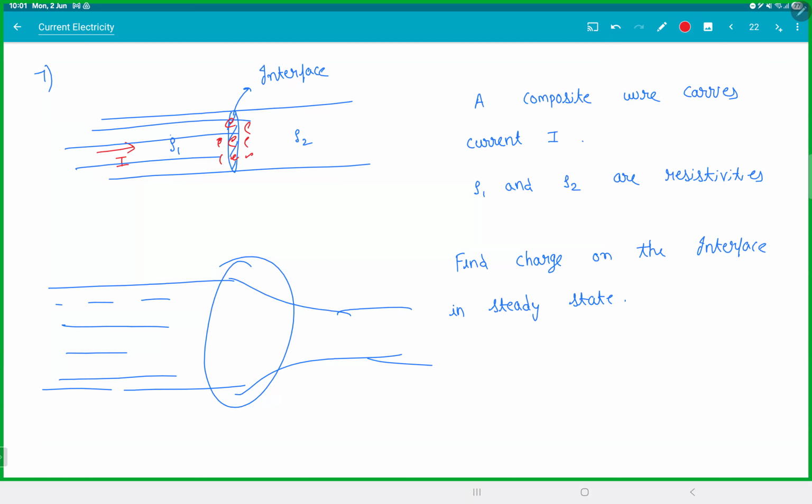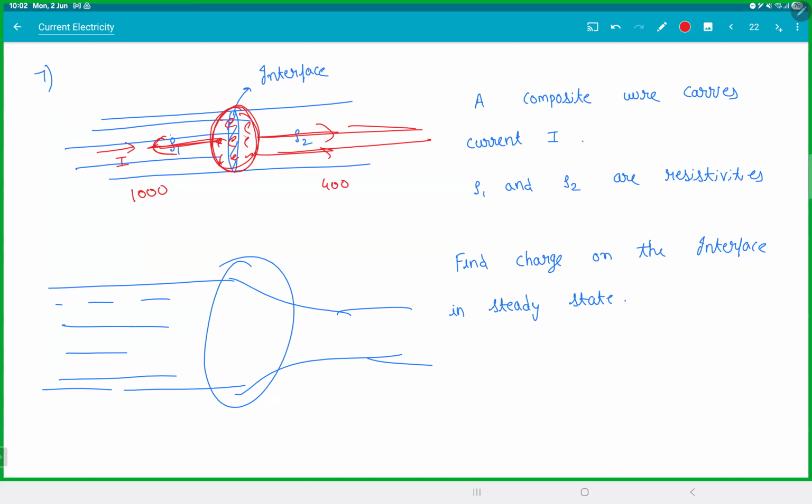Now, if the electrons start getting stuck here, these electrons will repel the electrons coming from the left-hand side, so they will slow them down. Vice versa, these electrons will push those electrons to go faster. This charge will keep accumulating. Let's say on this side 1,000 electrons are coming, and on this side only 400 electrons can go per second.